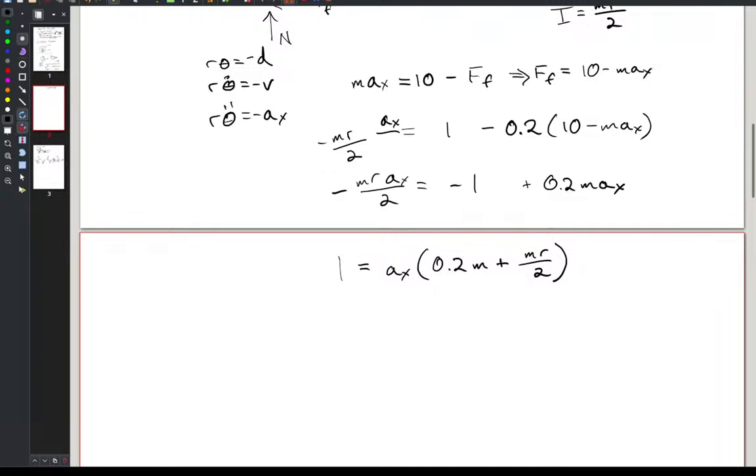The thing that we're figuring out is A is going to be a positive number. It's going to move forward because we're pulling on it forward. Which R would we use in our final equation? Oh, this R? That would be that 0.2.